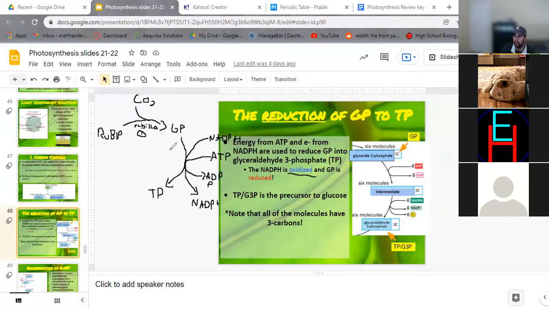In step 1, we added a carbon to RuBP and it resulted in GP. In reduction, GP was given electrons from NADPH and some energy from ATP and was transformed into TP. Again, you might see it as G3P, but we don't really care about that in this class. We call it TP.